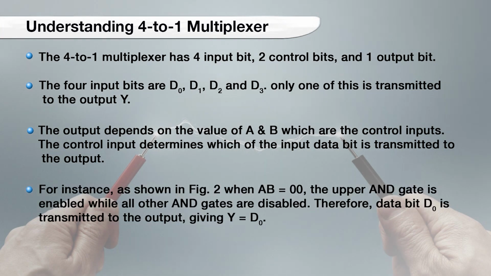For instance, as shown in figure 2, when AB equals 0 0, the upper AND gate is enabled while all other AND gates are disabled. Therefore, data bit D0 is transmitted to the output, giving Y equals D0.